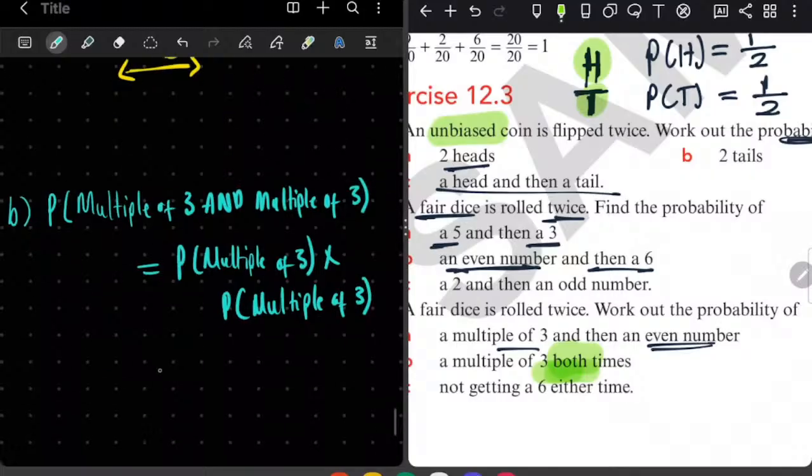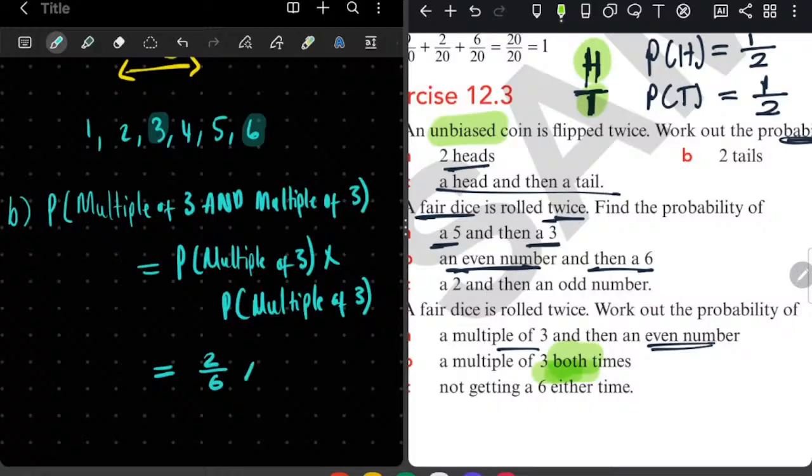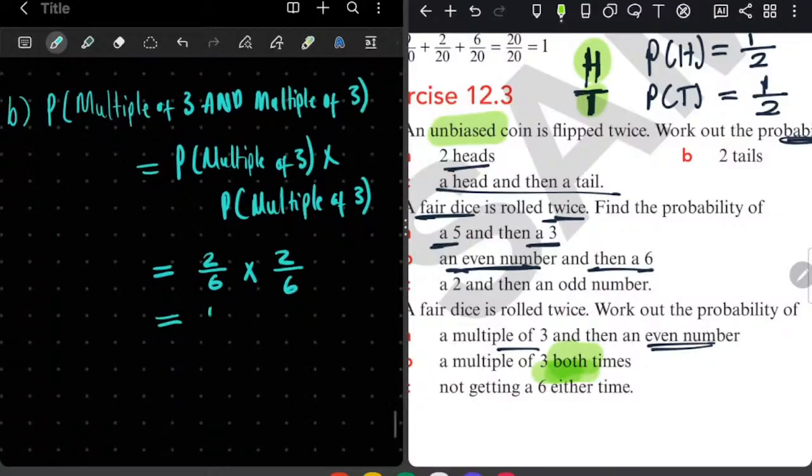We have 1, 2, 3, 4, 5, 6. How many multiples of 3 do we have? 3 and 6. So probability of a multiple of 3 is 2 over 6, times probability of a multiple of 3 again, 2 over 6. You multiply the top: 2 times 2 is 4. 6 times 6 is 36. Which becomes 4 into 4, 1, 4 into 36, 9. So it's 1 over 9. Are we together?